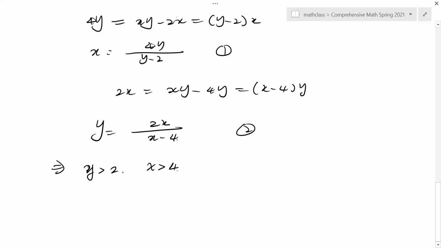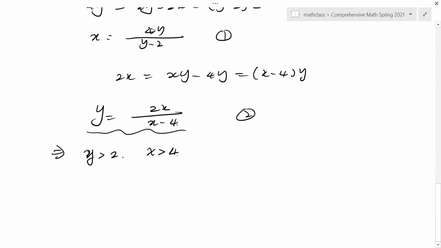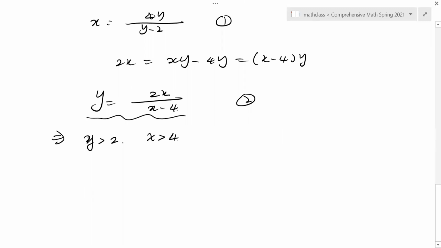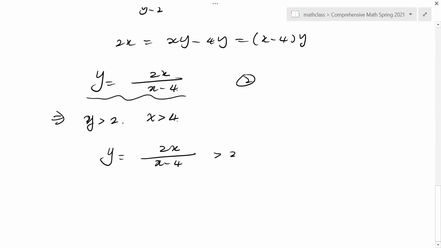So I'm going to focus on the second one. What are the possible values for y? Y equals 2x over x minus 4. I know it's greater than 2, right? What is the largest possible value for y?